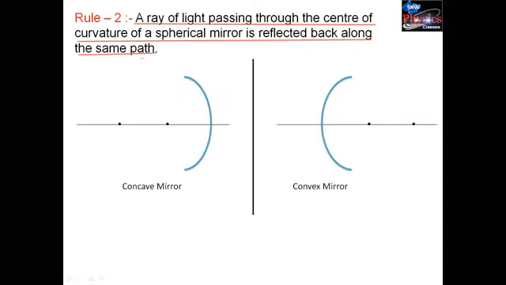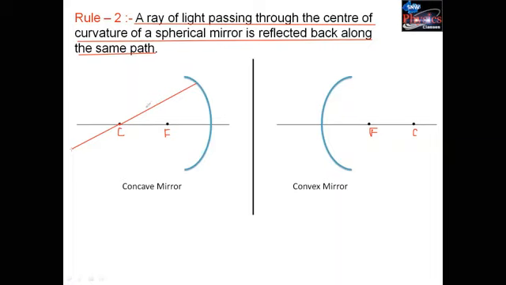If a ray of light is passing through the C, center of curvature, here also we will see it is F and it is C. If a ray of light is passing through the center of curvature, then it is sent back in the same direction.